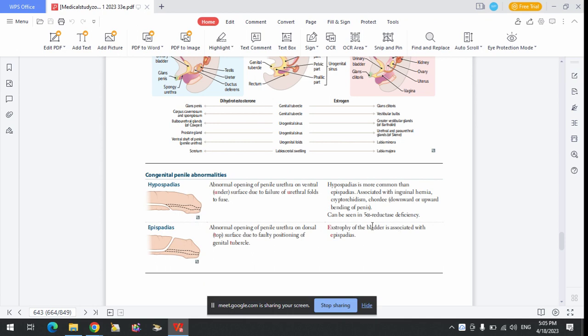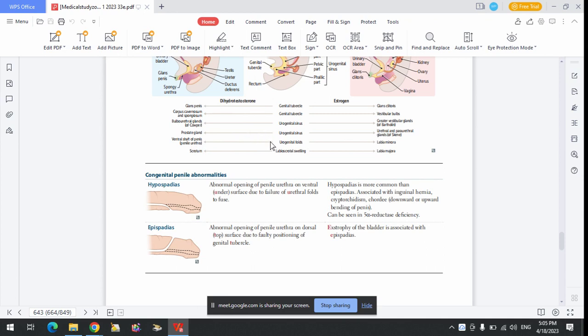So someone that has 5 alpha reductase deficiency does not produce dihydrotestosterone, so nothing initiates the formation of the external genitalia. So external genitalia formation problems can arise, and one of them is hypospadias. Because the folding of the urogenital folds to form the shaft of the penis, the penile urethra, is also under the influence of dihydrotestosterone.